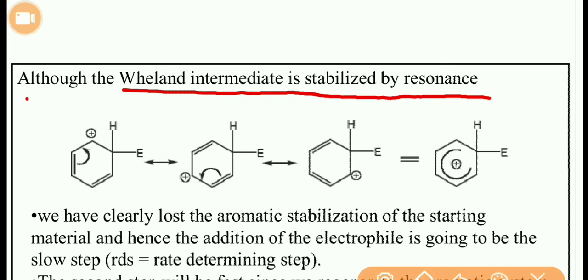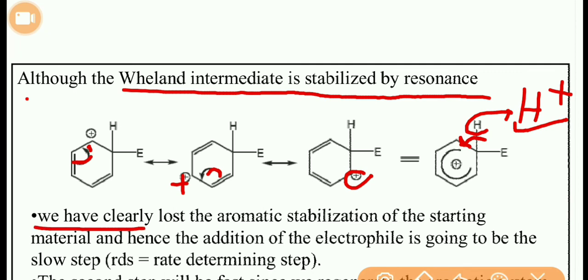So over here what we see is a positive charge. It shifts here and the positive charge comes over here, and then these bonds shift here and the positive charge goes over here. It is rotating from one place to another, and in that time the bond shifts here and the hydrogen ion is removed, and the aromatic compound is formed in the end.